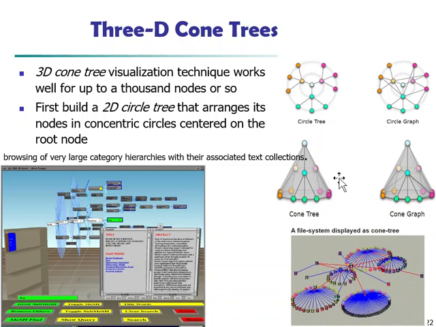The only drawback is that 3D space is a little bit difficult to navigate, and you typically need rotation to see all the data. Similarly, a cone graph can be created when you have a defined center point.